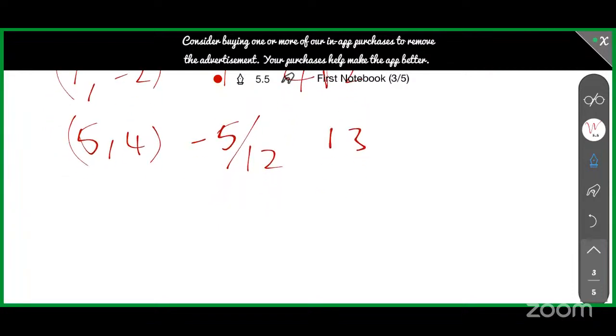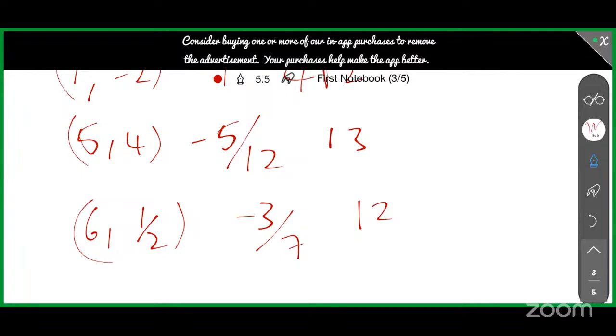And one more: point (6, 1 by 2), slope is minus 3 by 7, distance is 12 units. The second question is the same as the one we have solved, but here we have the negative sign. That negative sign is what will cause the difference in the answer.